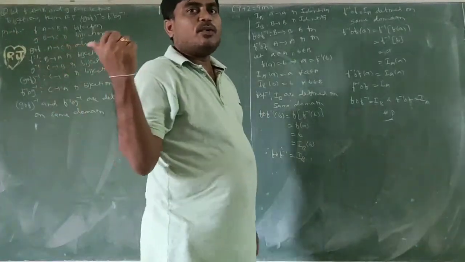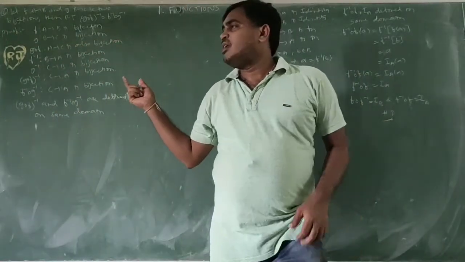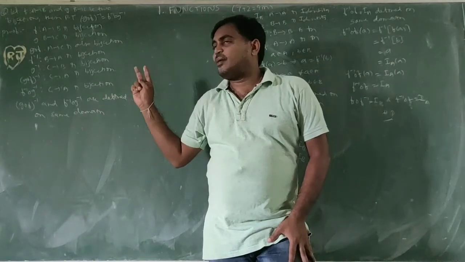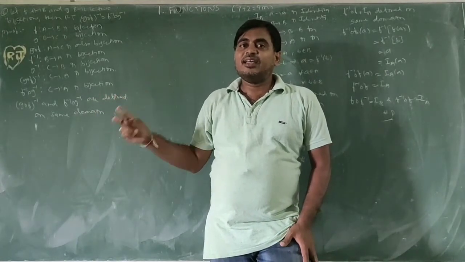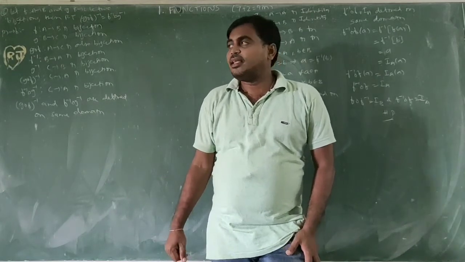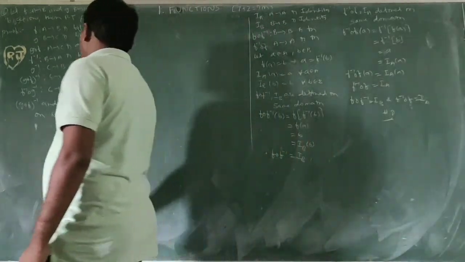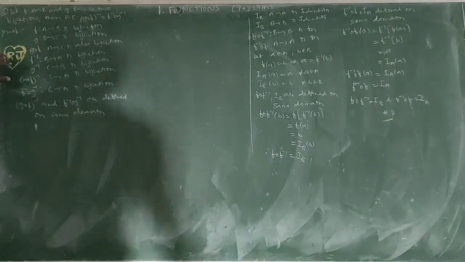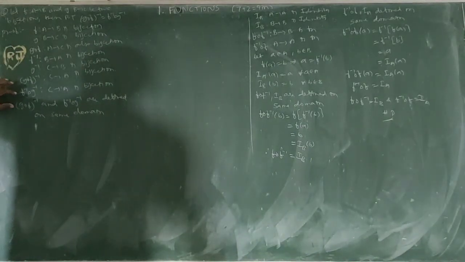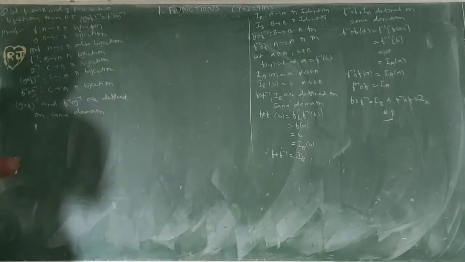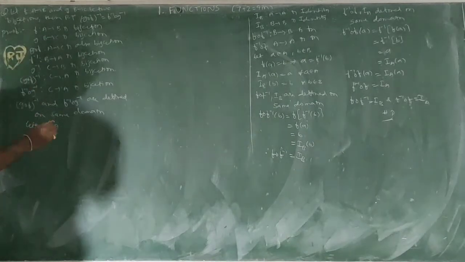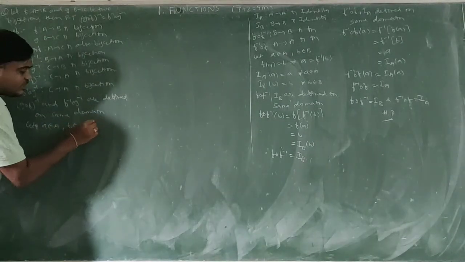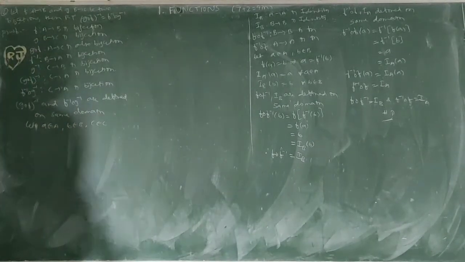Now we want to prove the functions are equal. If two functions have the same domain and have the same images, then the functions are equal. The domain is C. So let a belong to A, b belong to B, c belong to C; a, b, c are the elements.